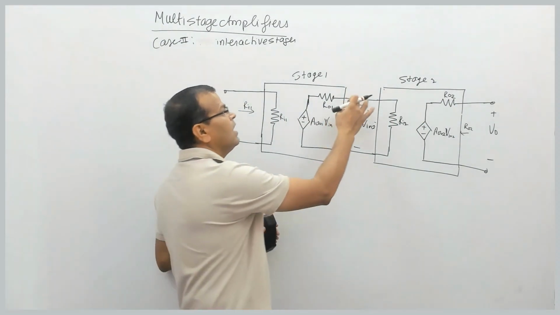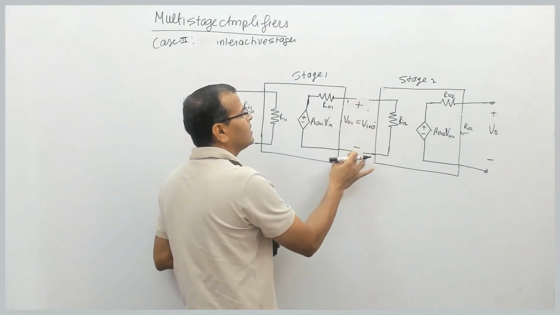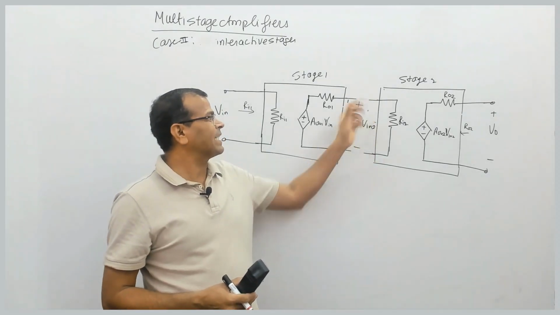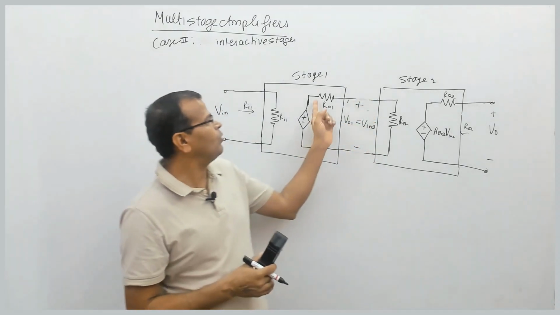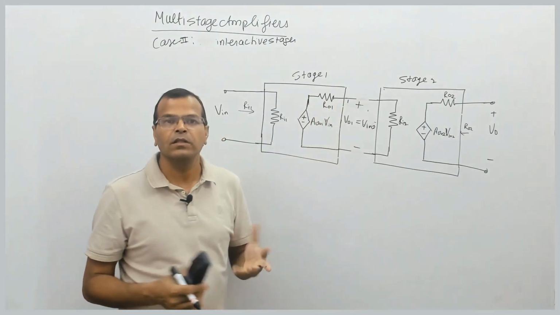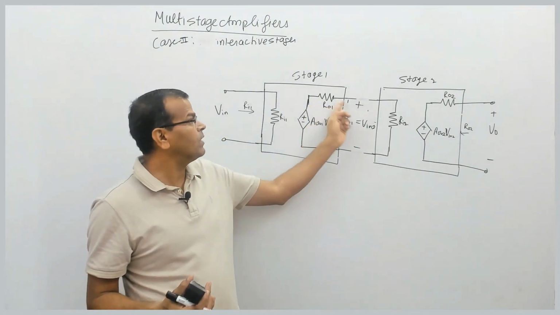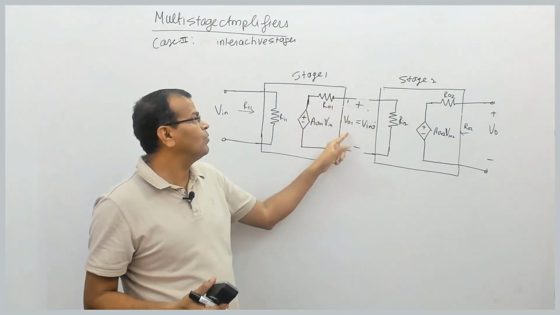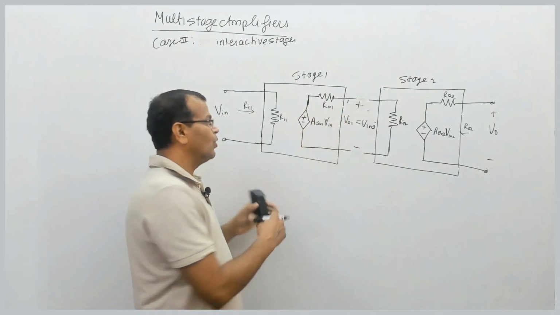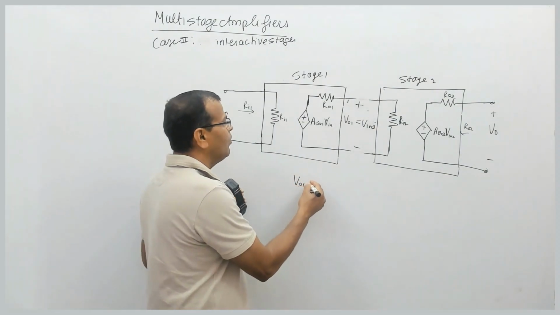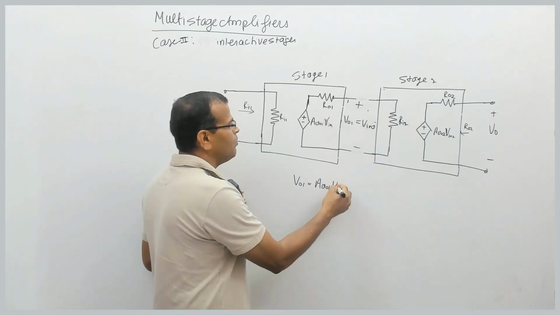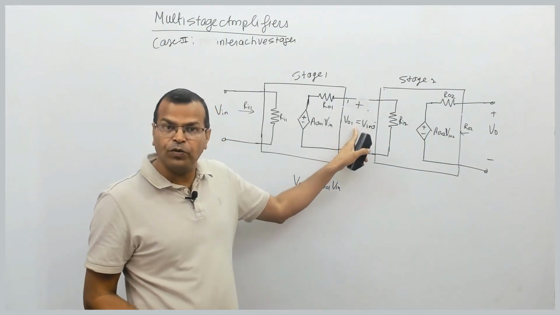Please see it. If I open these terminals, you disconnect it. In that case, what will be the current in this resistance? 0, because there is no path for the current. And if there is no path for the current, the output voltage will be the same as this voltage. So V01 will be equal to AV01 into V input. That will be the output voltage.